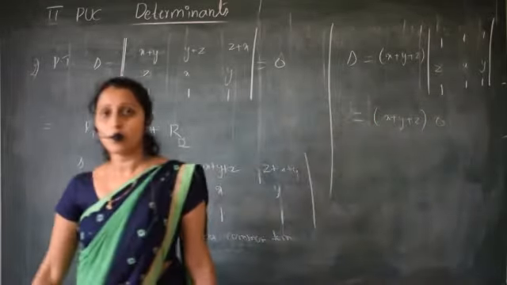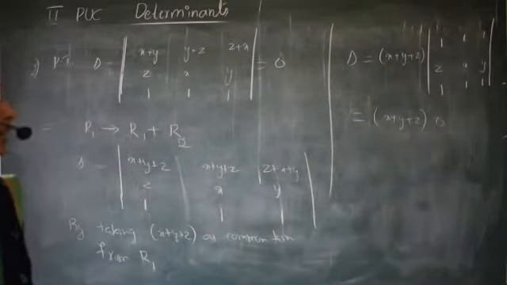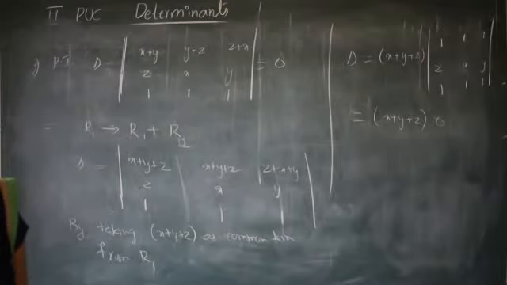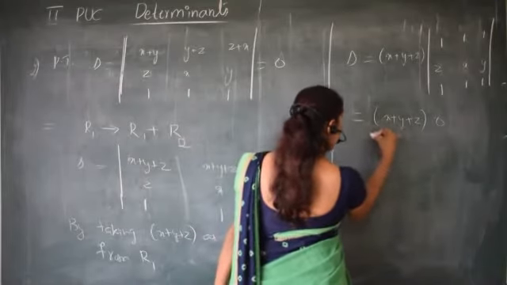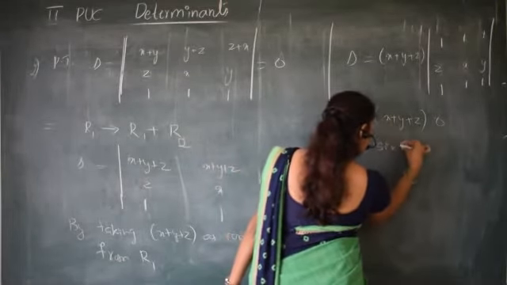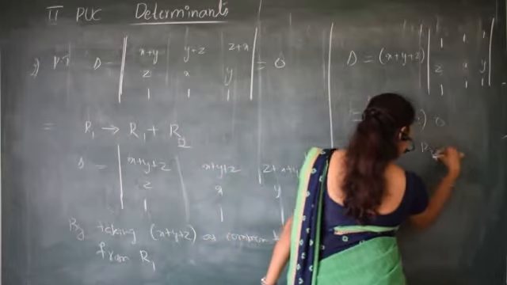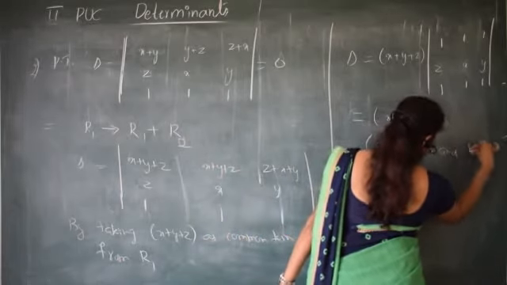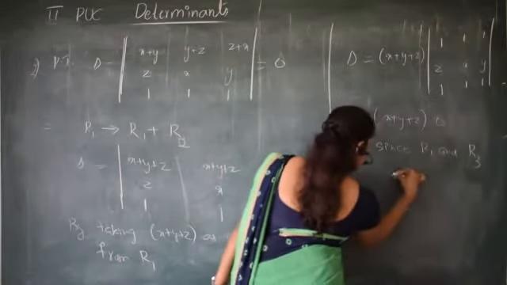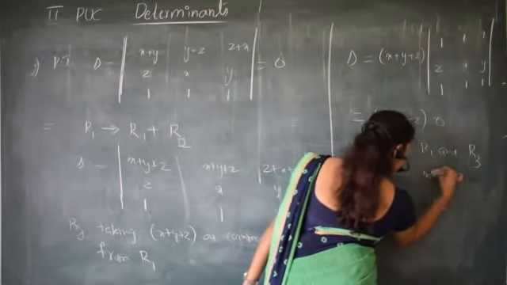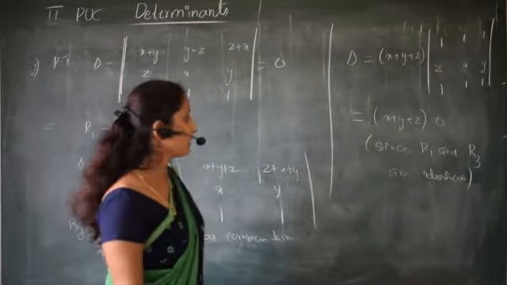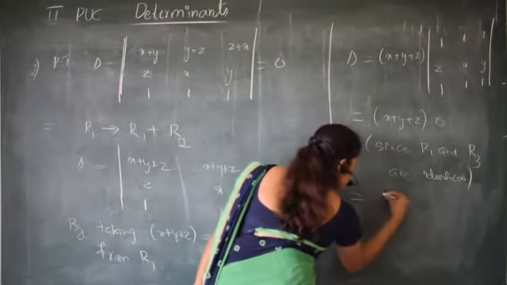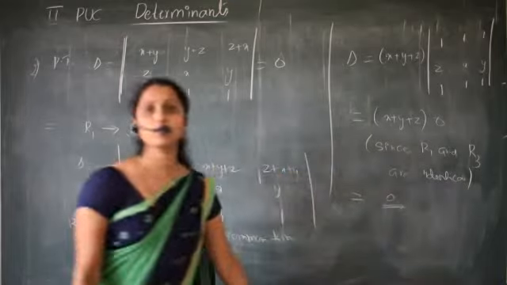Why is that 0? Since R1 and R3 are identical, this will be equal to 0. So the determinant value is 0.